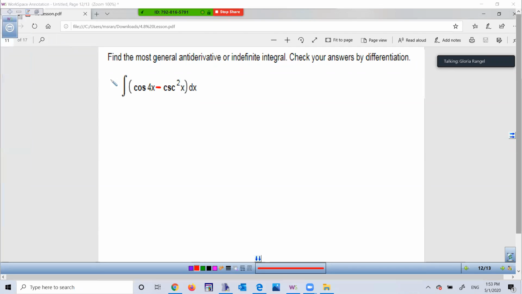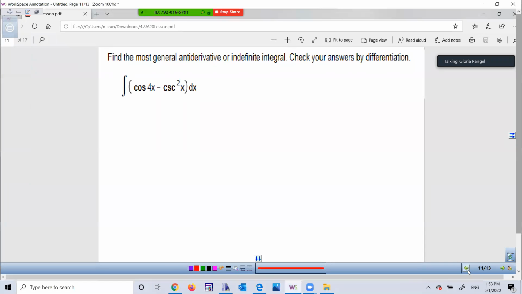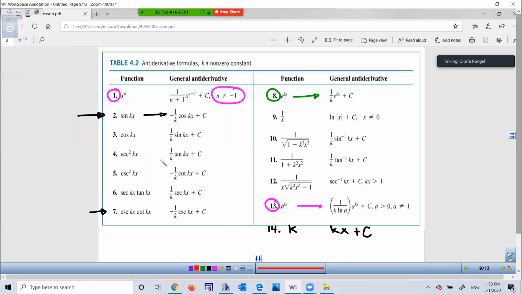But before I get into that, what's the formula for the antiderivative of cosine of whatever? So the antiderivative, where was it? For cosine of whatever in the angle, it's here. Cosine of kx, antiderivative is this. So I'm going to write all this in the slide where I was right now.